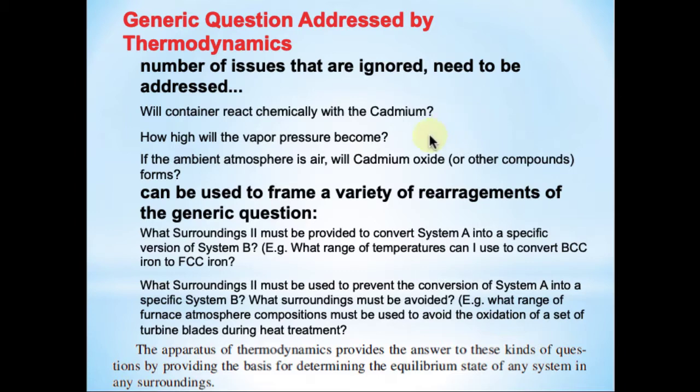Also, cadmium vapor will form over the liquid. How high will the vapor pressure become? And then lastly, cadmium vapor is toxic, so significant precautions will have to be taken to contain the sample and its vapor. If the ambient atmosphere is air, will cadmium oxide or other compounds form?